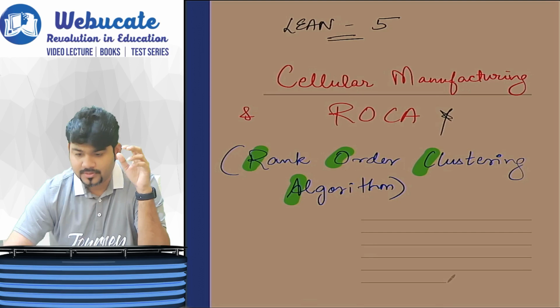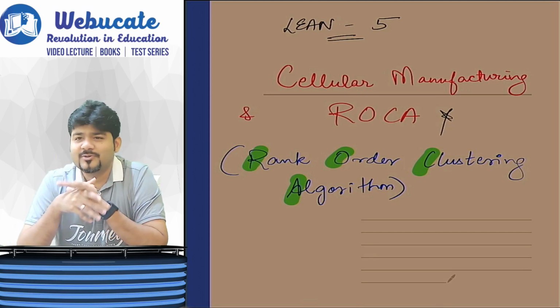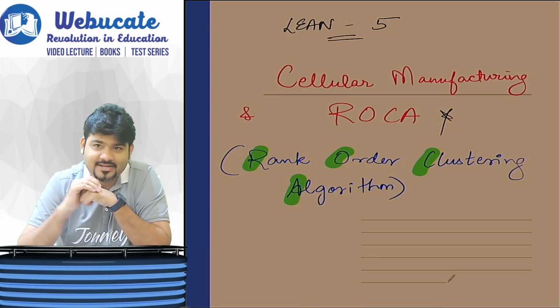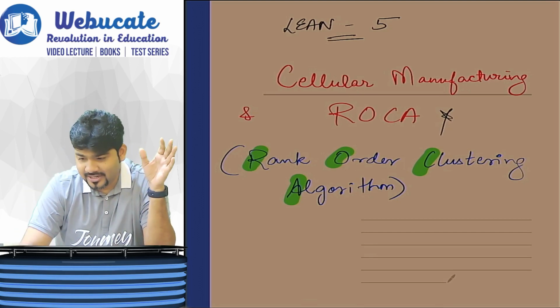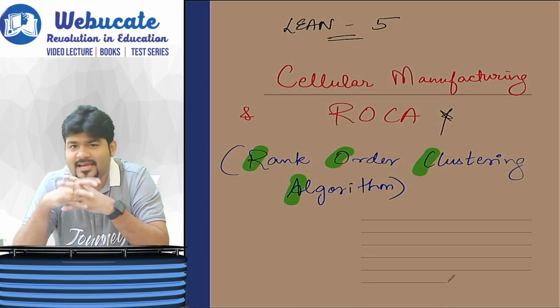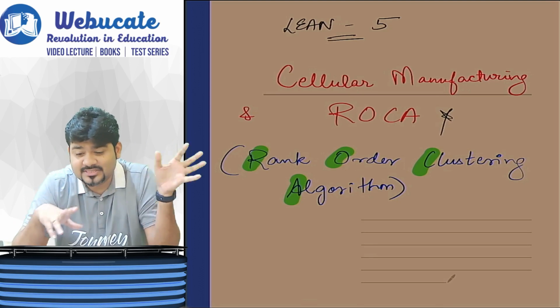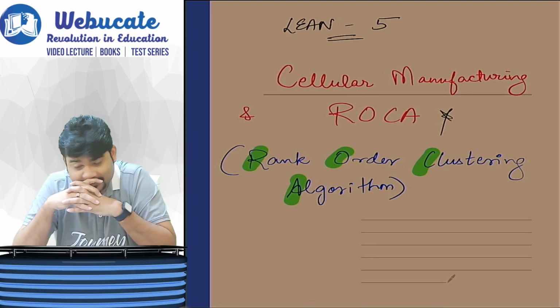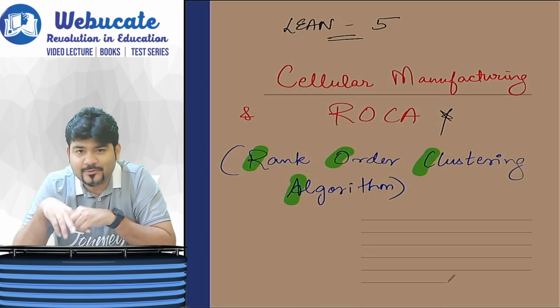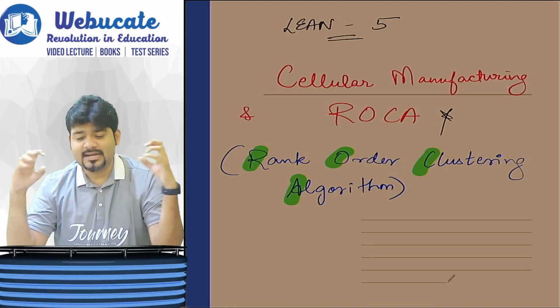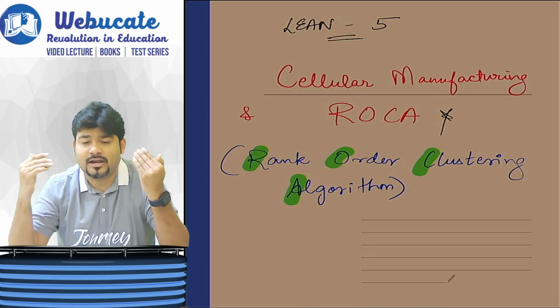All right. So now we are going to understand three levels of Lean 5. As I told you, in the previous system, before ROCA was introduced through the May 21 RTP, this Lean 5 was at a very nascent, beginner level.